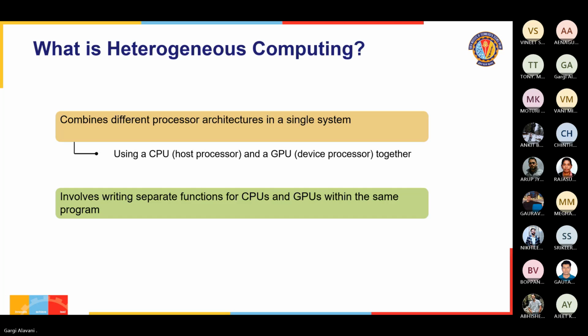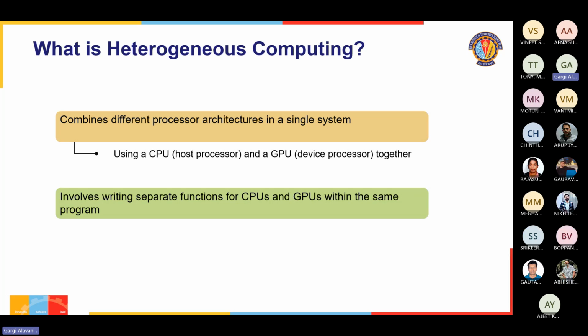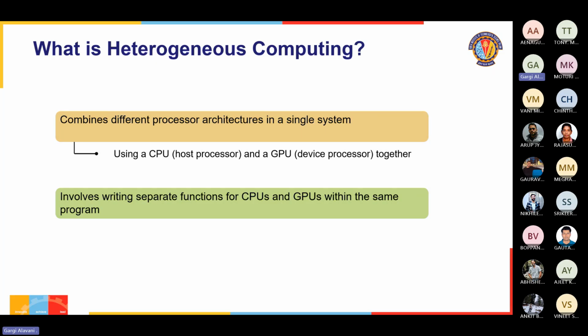That is, you are combining different processor architectures in a single system, which can involve a CPU and a GPU, or a CPU and an FPGA, or a CPU and any other device, but two different processor architectures in a single system. So this heterogeneity is in terms of different processing architectures. Is it clear? So this is what is known as heterogeneous computing.